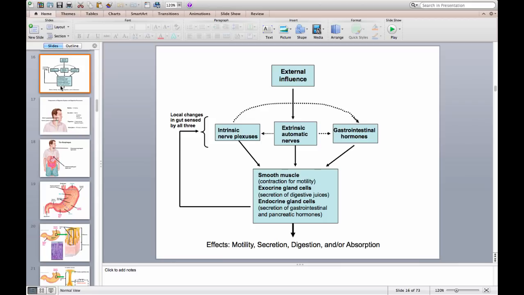Okay? So an example, we consume food, okay? That food hits our stomach, and then the enteric nervous system notices the presence of distension, just anything. It notices the presence of protein, okay? And then it reflexively increases motility and secretion of the stomach juices. So that's a short loop that involves the enteric nervous system.